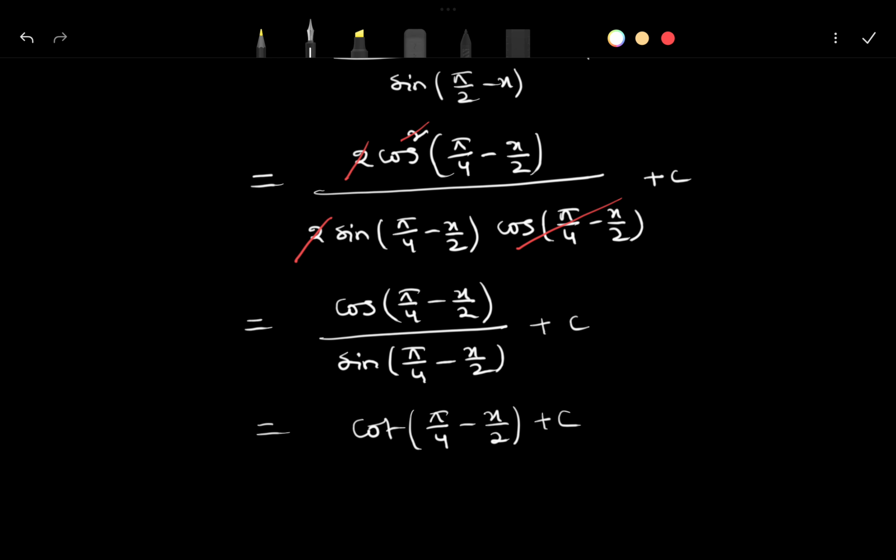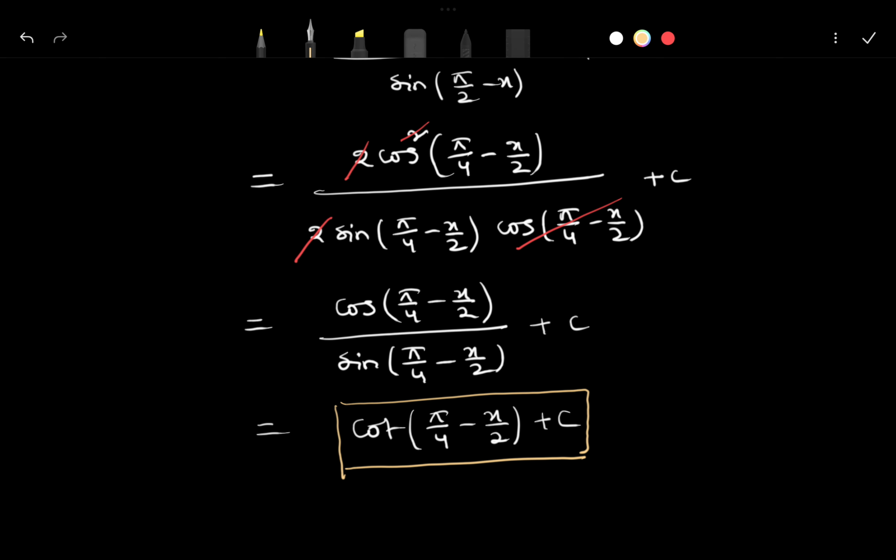Check this one. Whatever answer you got in method 1, in method 2 you also get the same answer. But in examination, which method is preferable? In a board examination, you can write any method. But especially from an objective point of view, you have to select according to the given options.